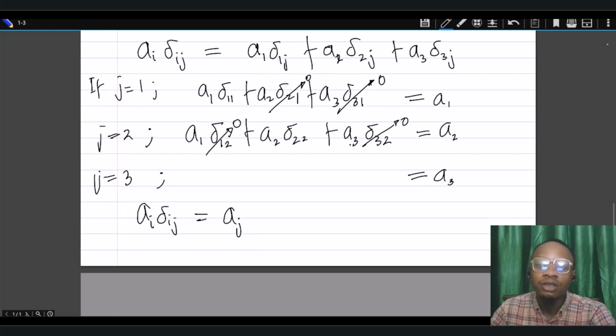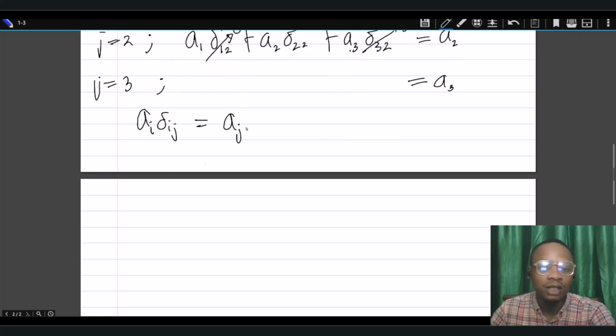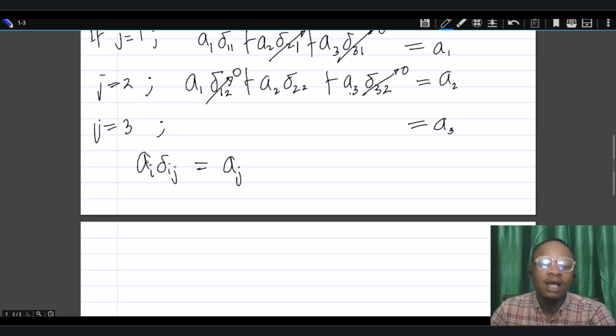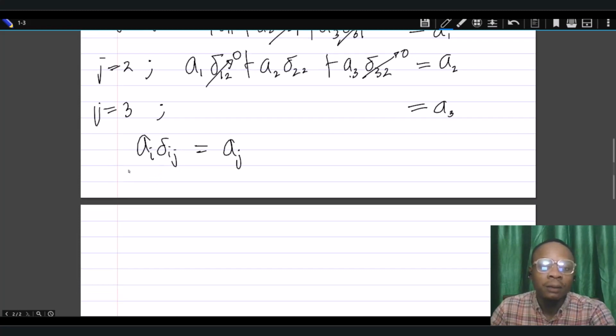There's also something interesting about the Kronecker delta, how we can simplify it if we come across it. When we look at the subscripts of the Kronecker delta and we see some other expression in the same term, and this is a singular term, we have a_i delta ij.